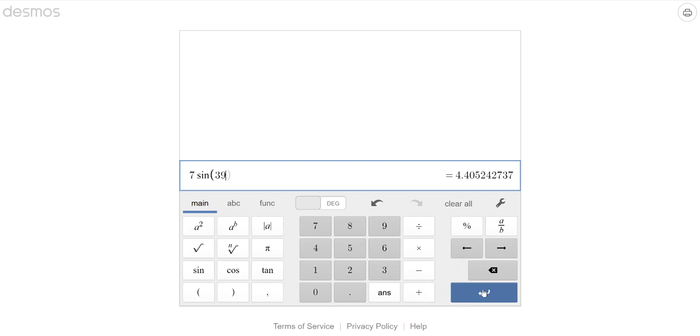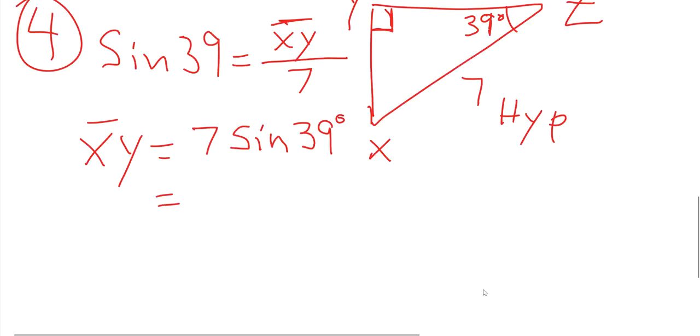And how many decimal places did they ask for? Let me check. To the nearest tenth. So this would be 4.4. Back to our diagram, we would say 4.4 to the nearest tenth. That is segment XY.